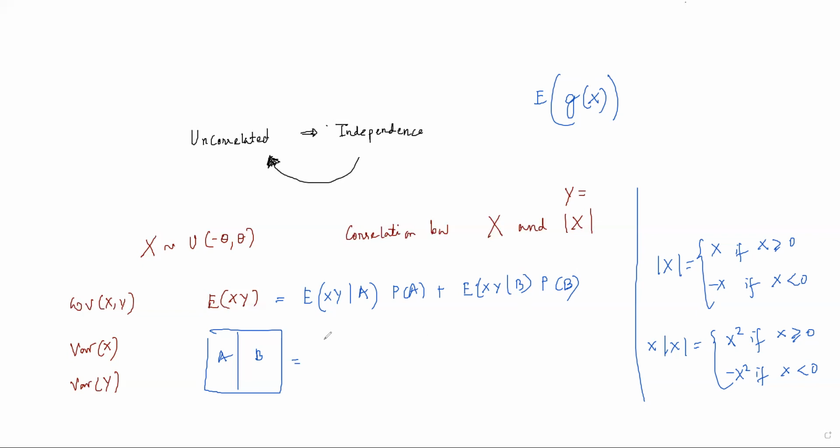Why are we doing this? Because this is a piecewise function, so you need to divide and condition. That's the basic idea.